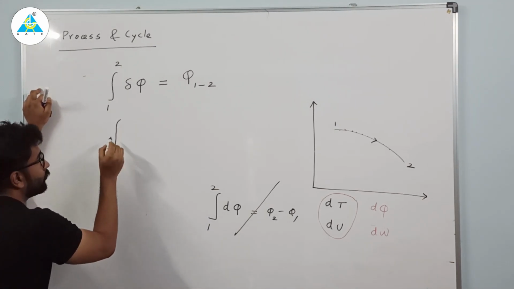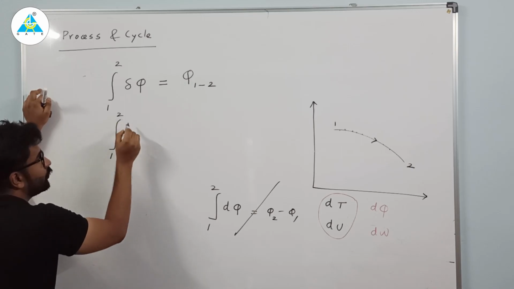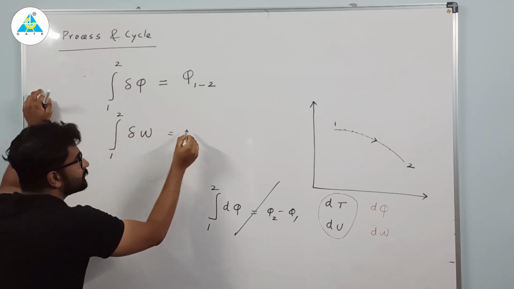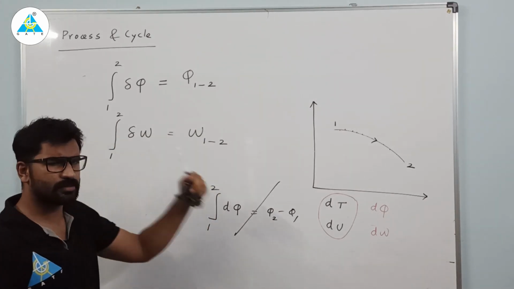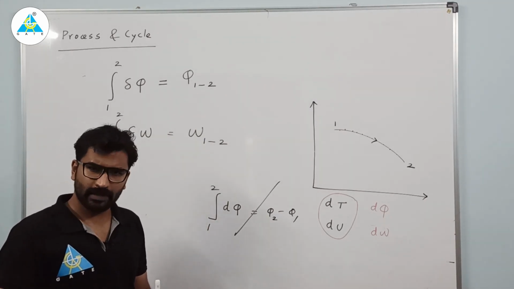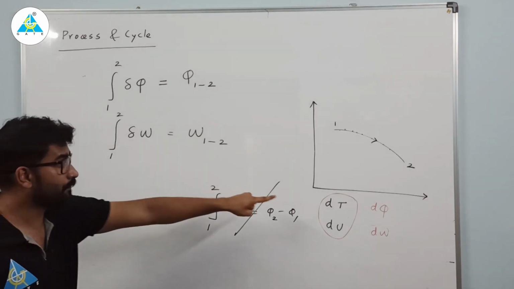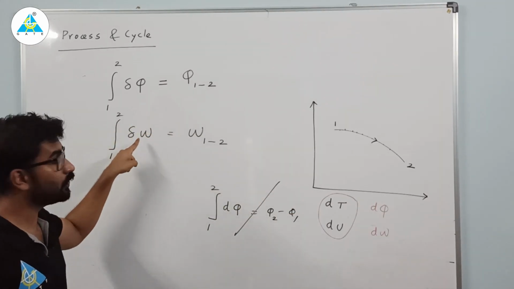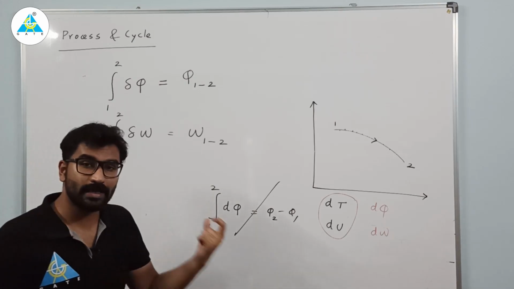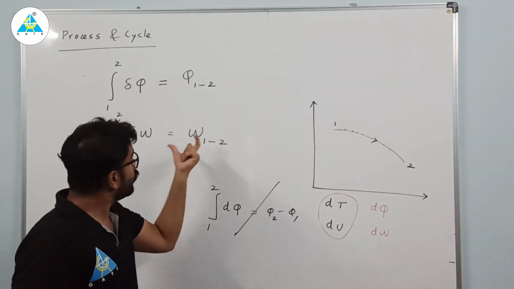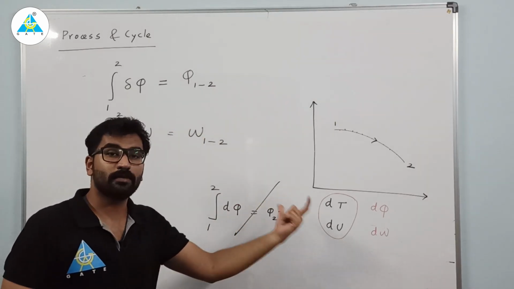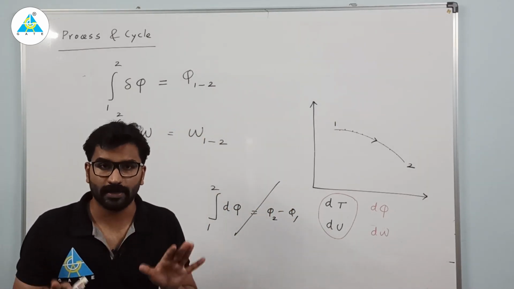Same way, integration of delta W from 1 to 2, the meaning is, it is the work transferred during 1 to 2. It can be work done on the system, work done by the system, whatever. Clear? So remember these things, dT and delta Q, delta W, etc. You should not write delta Q is equal to Q1 minus Q2 or Q2 minus Q1, you cannot write it.